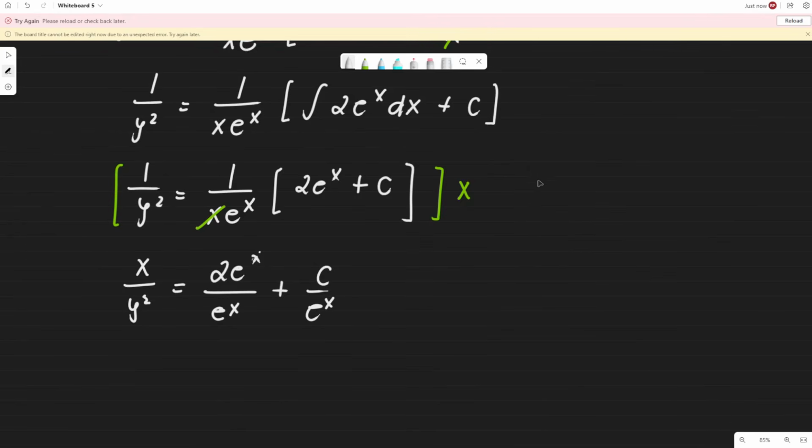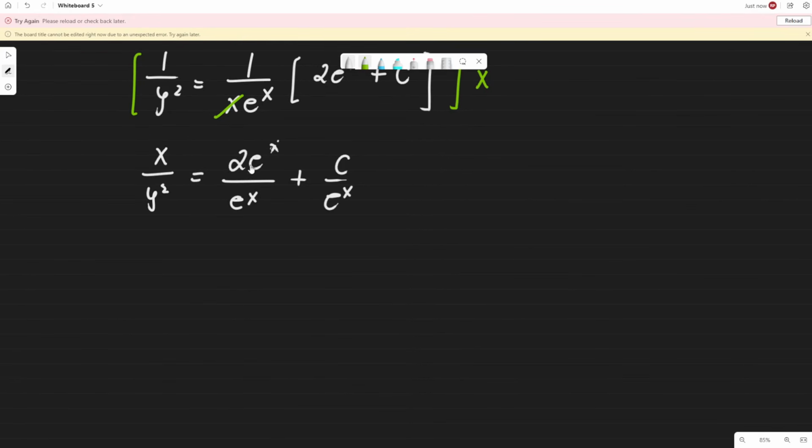So this one will cancel. Therefore, our final answer, our general solution, is x over y squared is equal to 2 plus c e raised to negative x. And this is our answer.